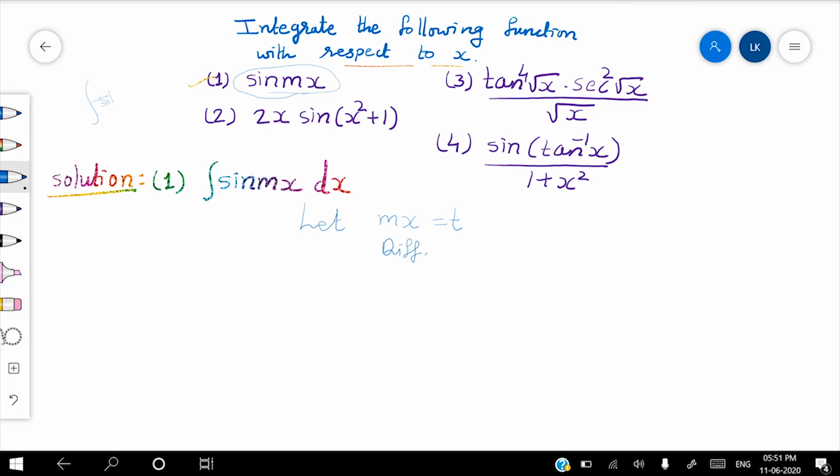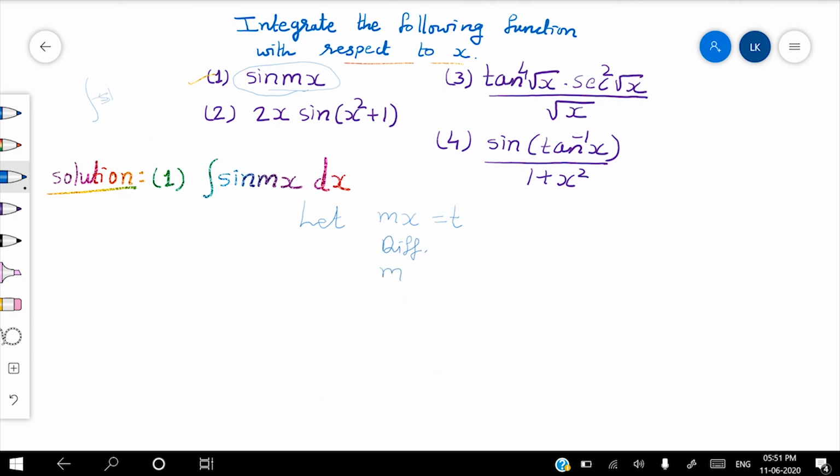Then differentiation on both sides. Okay, m is constant, so as it is. x is a variable, its derivative is dx. On the right hand side t is again a variable, its derivative is dt. Now substitute this value in our original function, equation number 1.